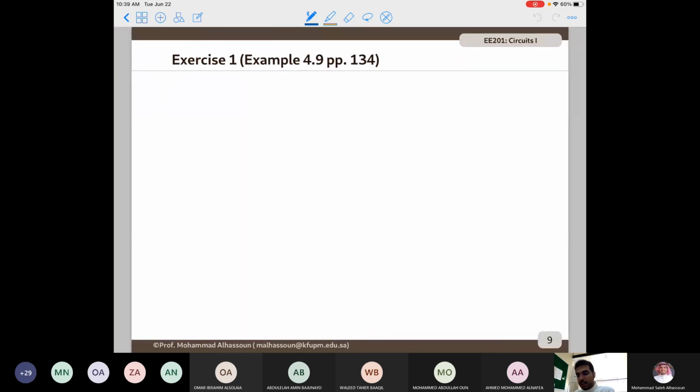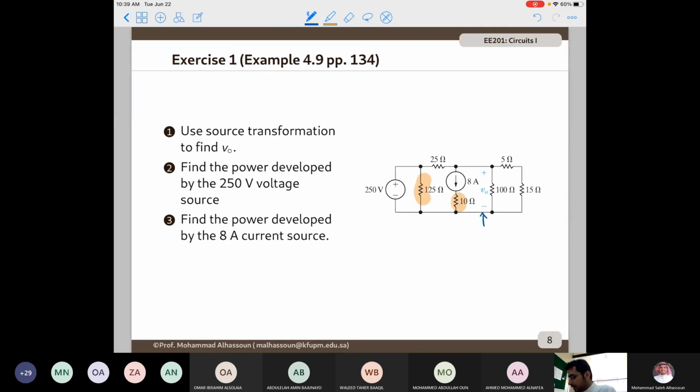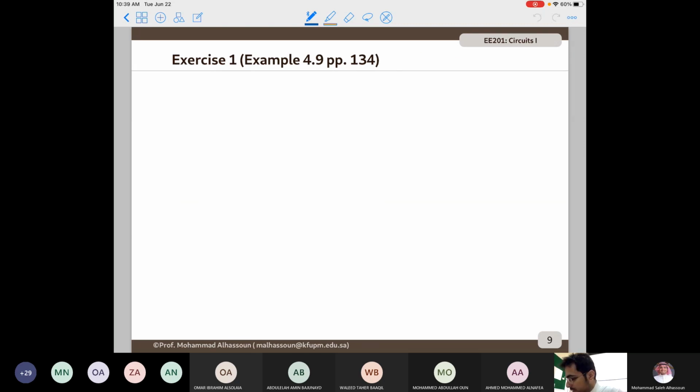So we can remove them and get the very first step of the simplified circuit. So let's do that. So 25.